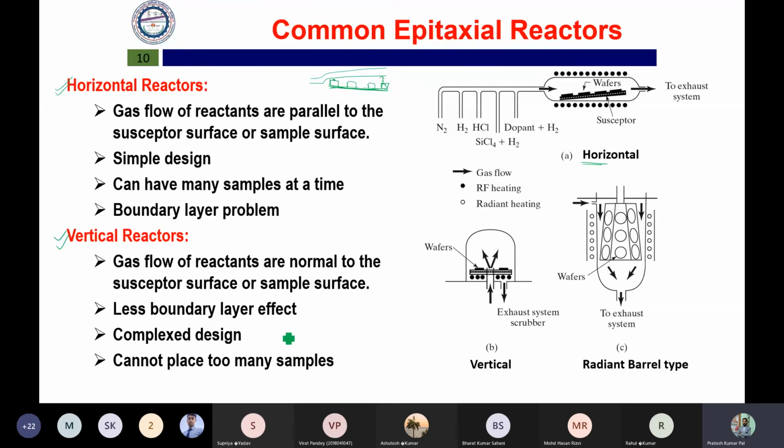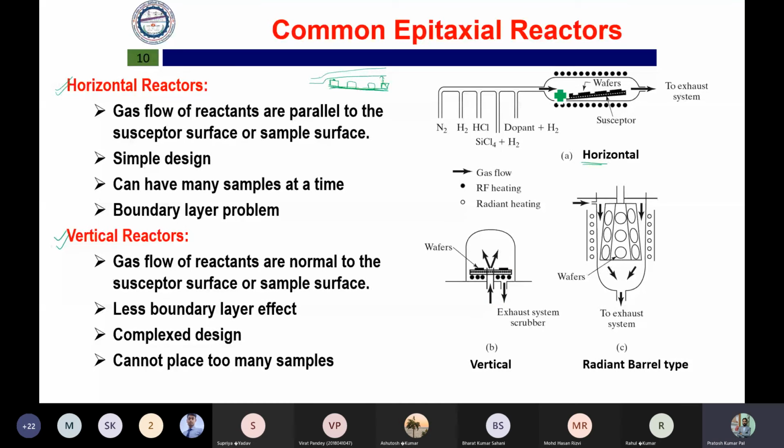In vertical flow, the gas flow of reactants is normal to the susceptor surface, or the sample surface. So whatever surface the samples have been put on, the gas will be flowed vertically to the surface.